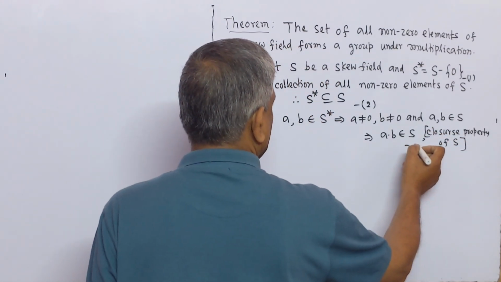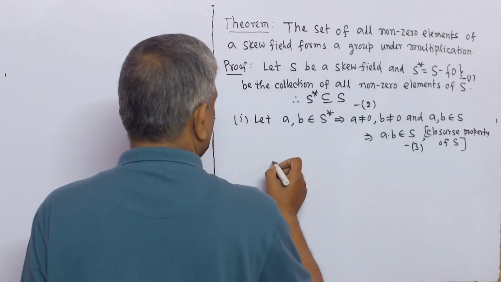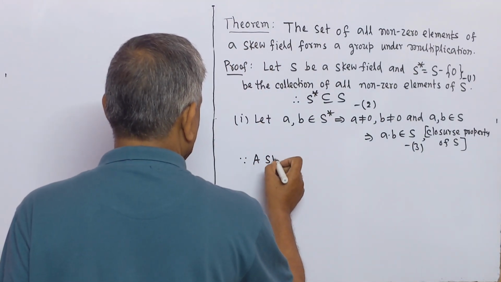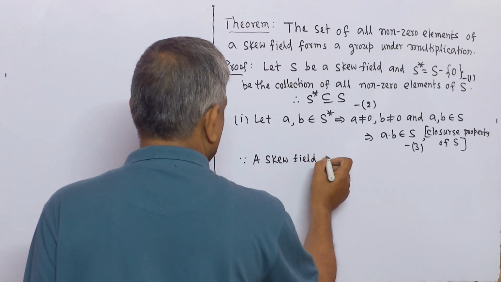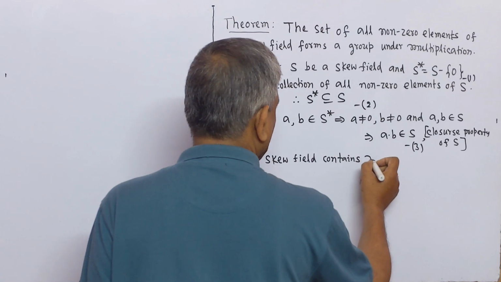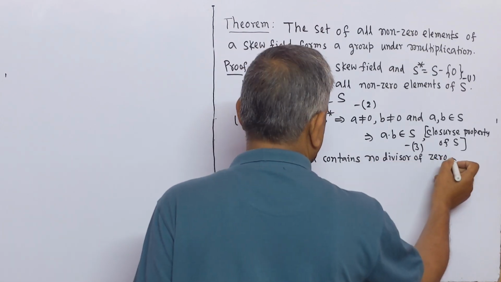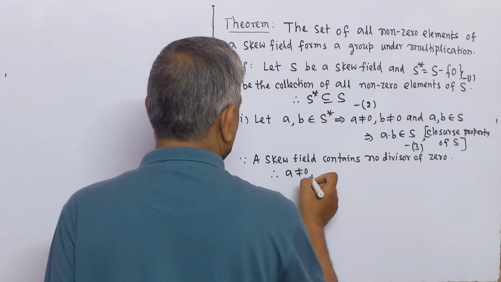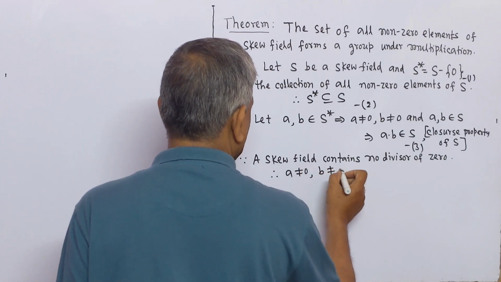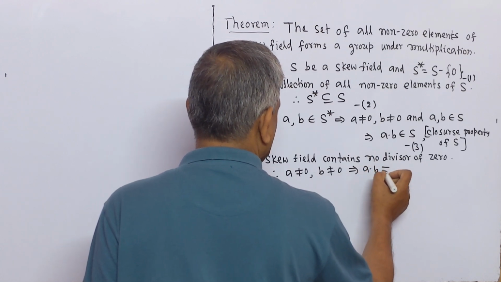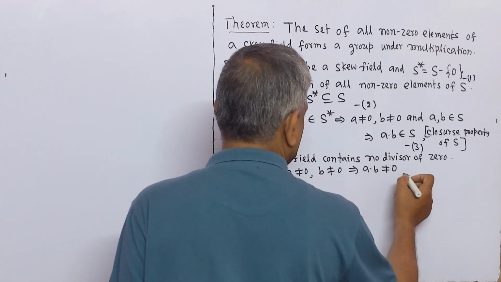This is number 3. Since a skew field contains no divisor of 0, therefore A not equal to 0, B not equal to 0 implies that A multiply B not equal to 0. This is number 4.